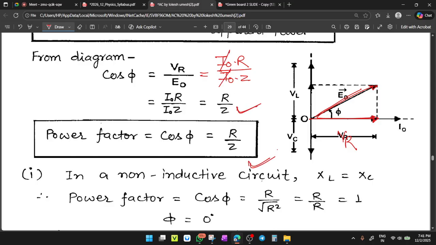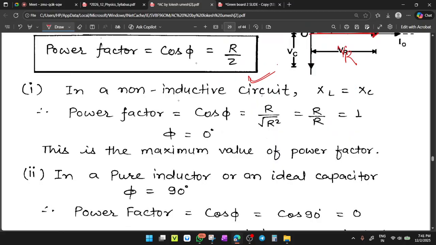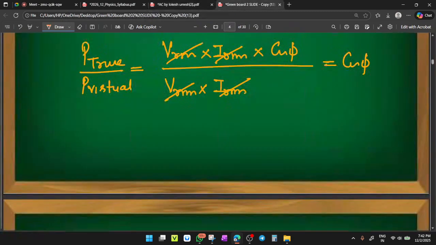Clear? Yes. For a non-inductive circuit, XL equals XC, and the power factor cos phi equals root of R square upon R square, that is R by R, equals 1.